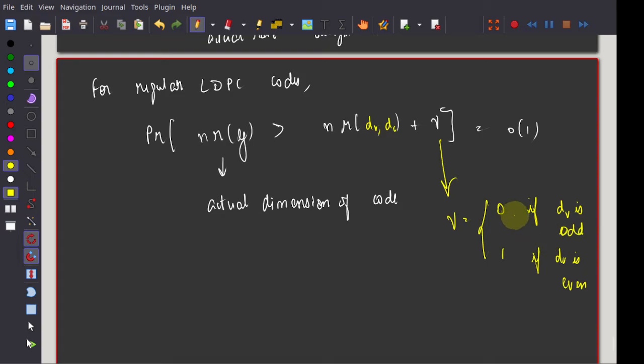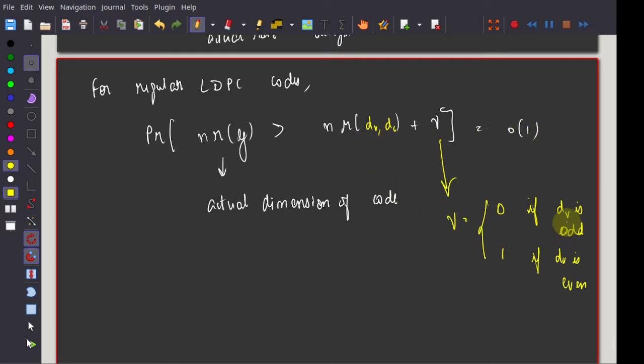If dv is odd, then the probability that the actual dimension is even one more than the designed dimension decays with n. The probability is maybe 1 over n. But if dv is even, then the actual dimension of the code will never be equal to the design dimension. But the probability that it is greater than 1 plus the design dimension decays with n.